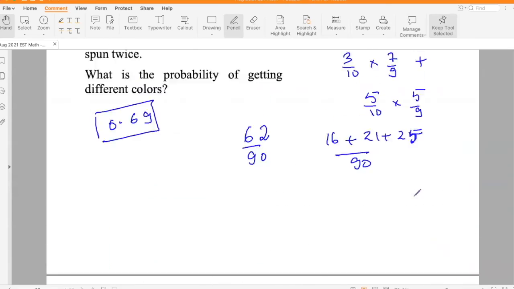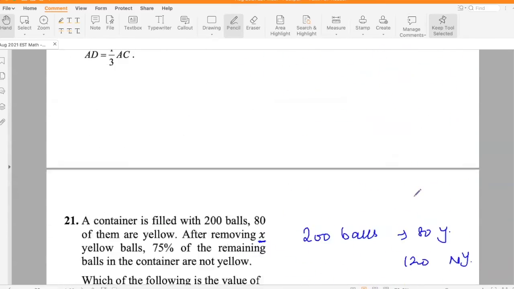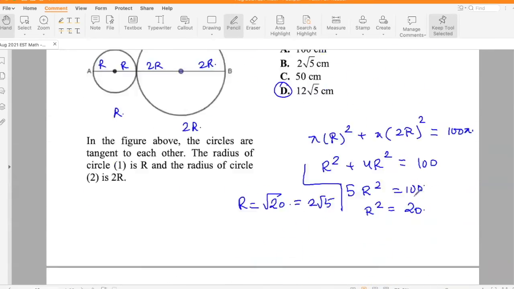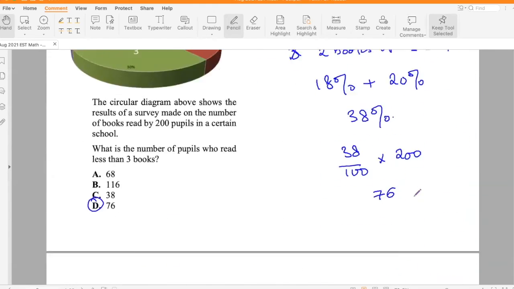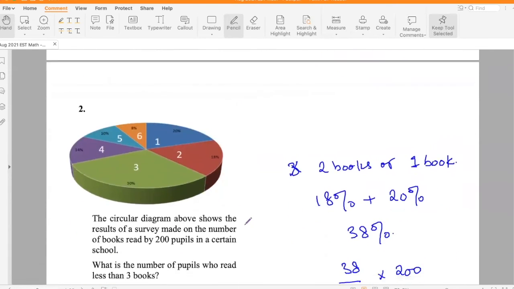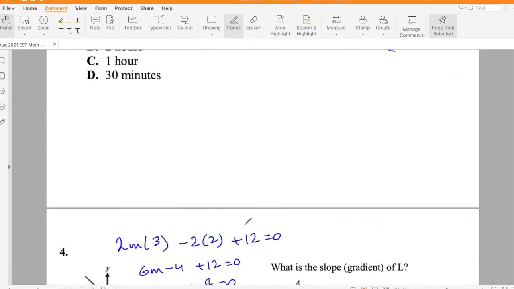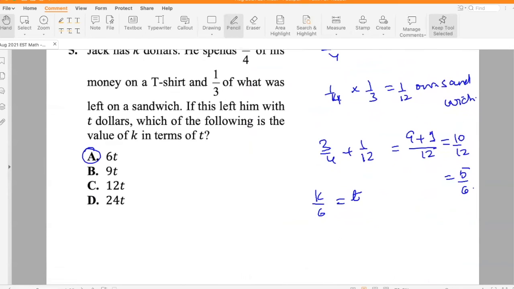Okay, let's grade this. This is the calculator section. So starting from question 1, we have C D A A A, C D A A, okay.